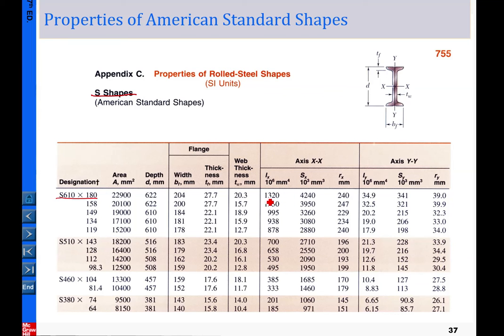So basically from this table, you can right away access the moment of inertia with respect to this axis or the y-axis, depending on your loading conditions. And then this is the section modulus.